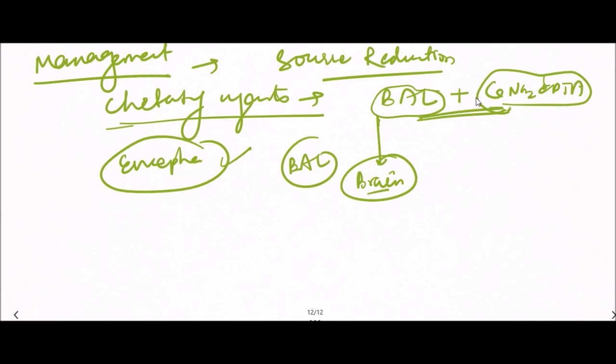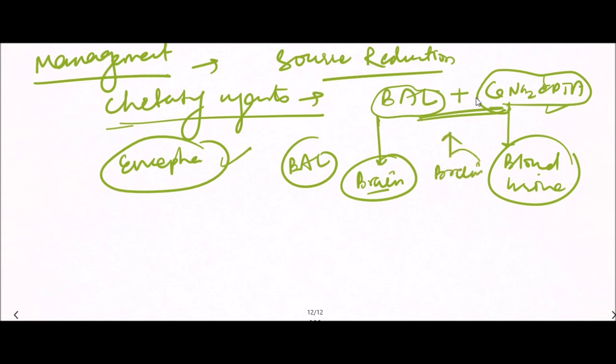Because if we give calcium disodium EDTA initially, it will decrease the blood as well as urine concentration, but it increases the brain concentration, and thus it can worsen the encephalopathy. So always go for British anti-Lewisite before calcium disodium EDTA.